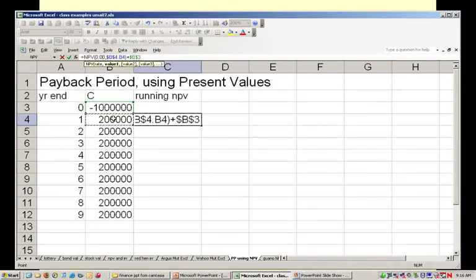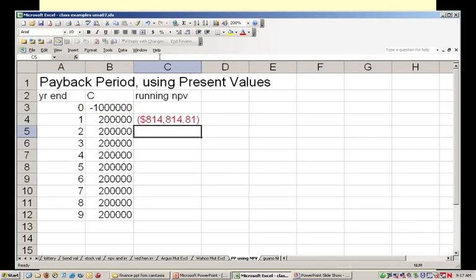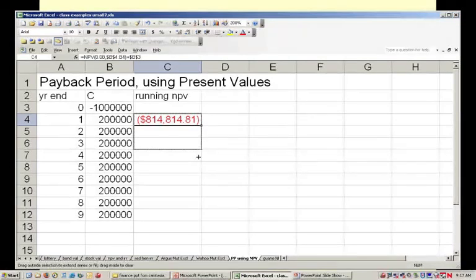What we've done for the first year is to say we're interested in the net present value of the cash flows from B4 to B4, adding back in the cash flows in B3, and I think we've got our cell references locked properly, so we can now take the running net present value calculation for year 1 and drag that calculation down all the way to year 9.